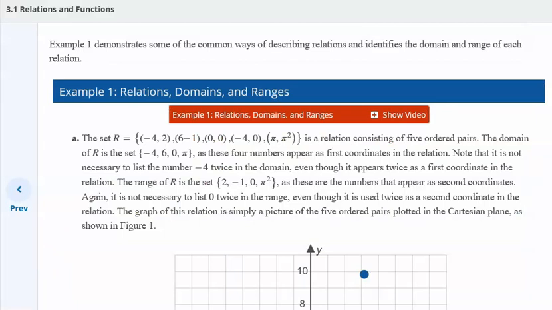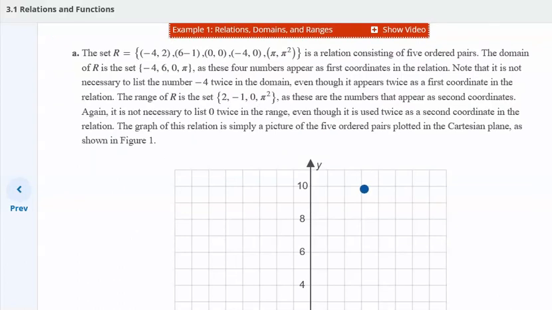So in example 1, they want you to write in set notation the elements of this set. So as we go down a little, taking out our first element of each of the ordered pairs, there's a -4, a 6, a 0, there's another -4, and then there's pi.